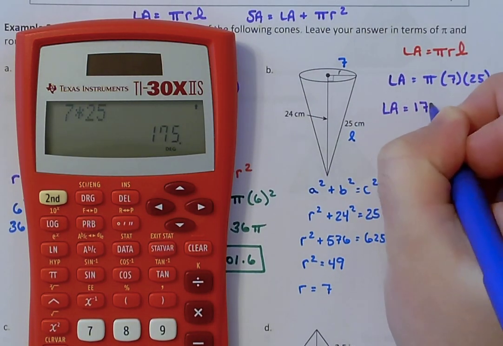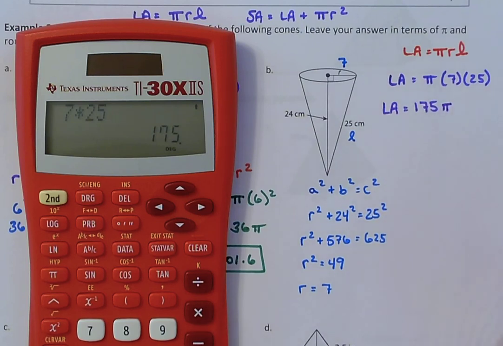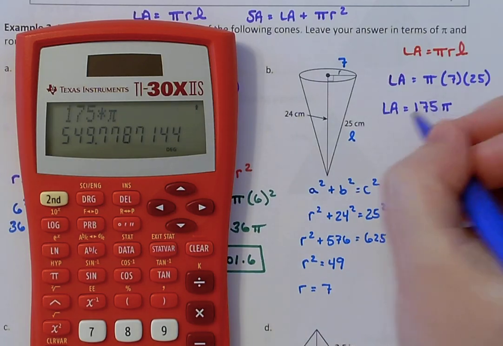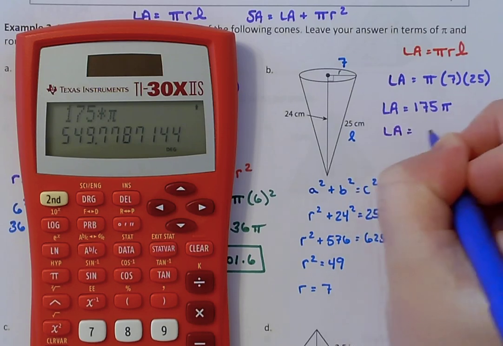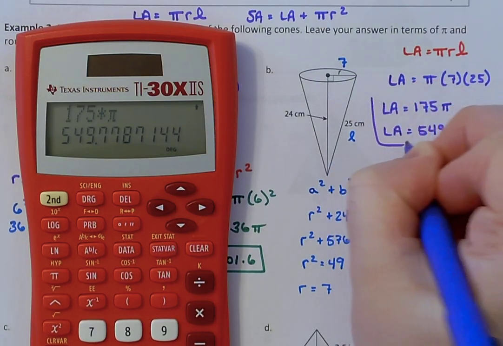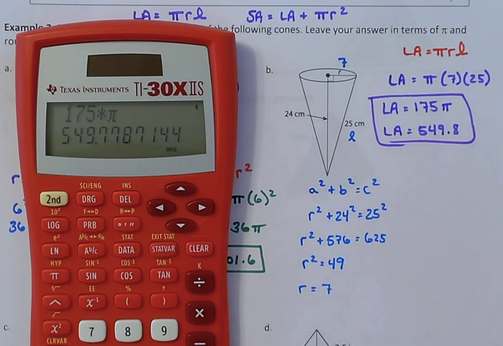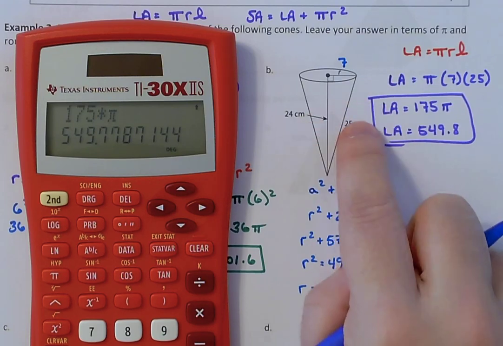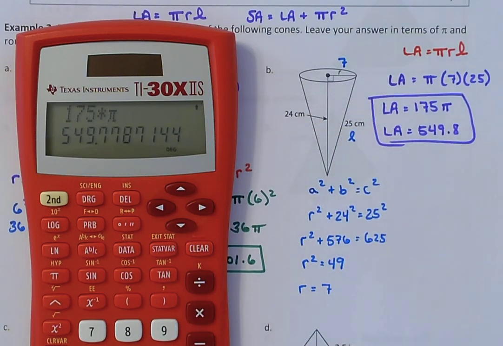So 175 pi is our lateral area in terms of pi. And then if we round to the nearest tenth, if we multiply pi in, we get 549.8. And that is the lateral area of this cone. So that's going to be the rounded edge or the rounded side.